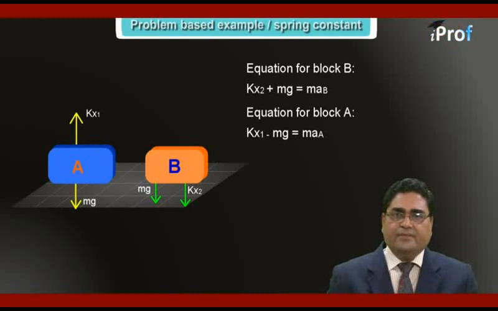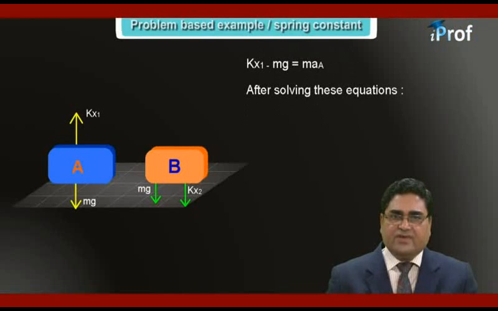The equation for block A is Kx1 minus mg equal to m into aA, where the acceleration of A is vertically upward. The equation for block B is Kx2 plus mg equal to m aB, where aB is the acceleration of block B in the downward direction.